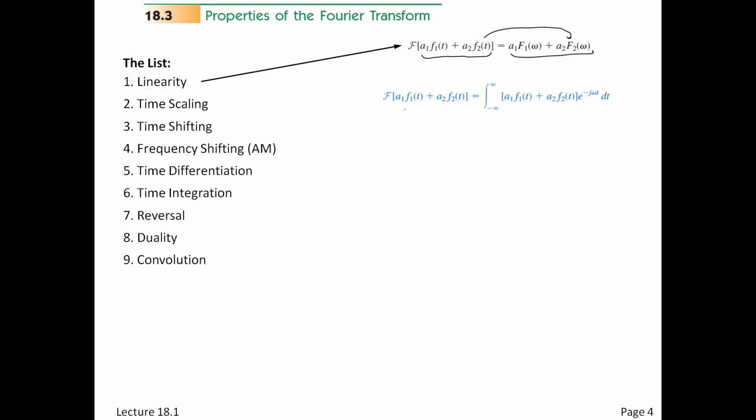If we take the Fourier transform in the time domain, it's the integral of that function times e to the minus j omega t. And if we put that all together, what happens? Well, it's just separate. This, because of linearity, allows us to separate into 2 parts. And so now we're really right back where we were with individual functions, right?